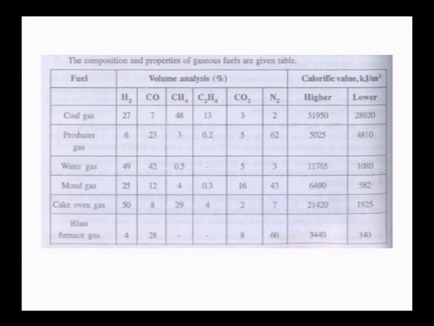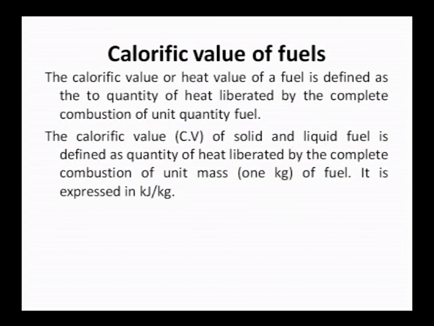Their calorific value is tabulated like 31,950, 5,025, 11,765, 6,490, 21,420, 3,430. So, this is about the calorific value, and the unit of this calorific value of that particular gaseous fuel will be kilojoules per meter cube. This is about the composition and properties of solid fuels, liquid fuels and gaseous fuels.